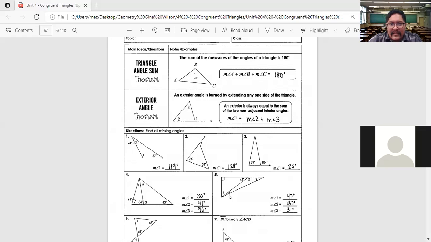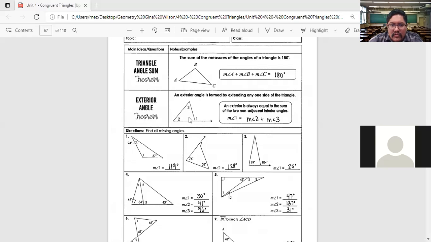So I was saying that if we want to prove some triangles are the same or different or what kind of triangle they are, you can always use the interior measures to get it. So in this case here, if you were to take all three interior angles of a triangle, it'll always add up to 180.